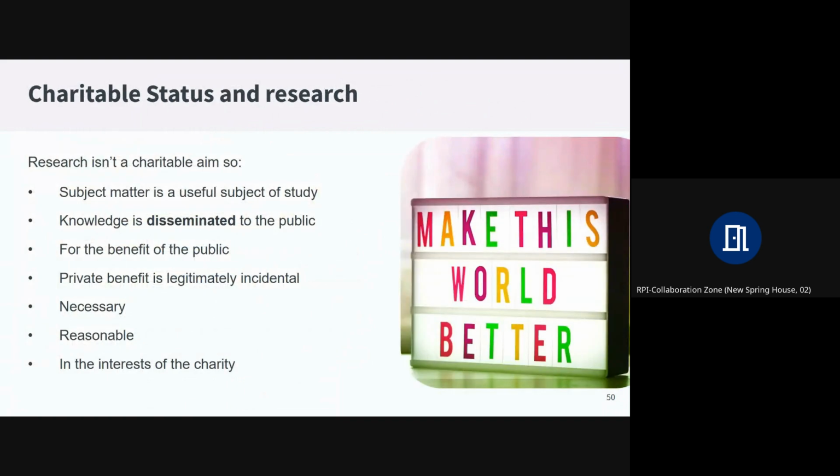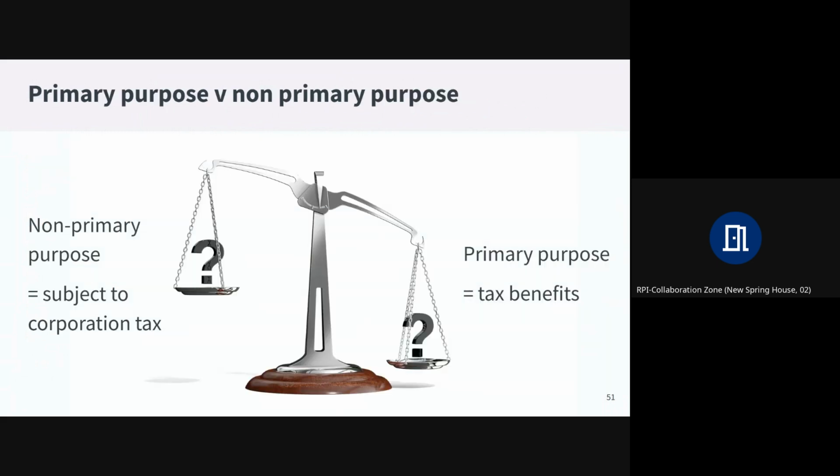Research in itself isn't a charitable aim, so we have to make sure that all the research that happens at the university complies with our charitable status. So it needs to be a useful subject, it needs to be a benefit to the public, we need to be able to share the findings of research. Nobody should privately benefit. I won't go through all of those, but it has to be in the interests of the charity. So that's one of the things that we check.